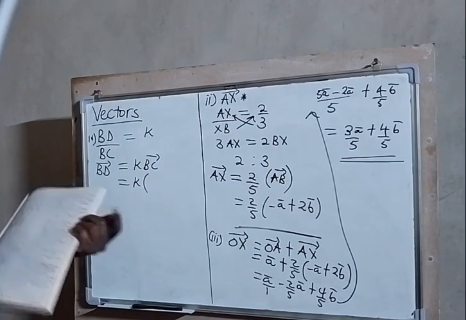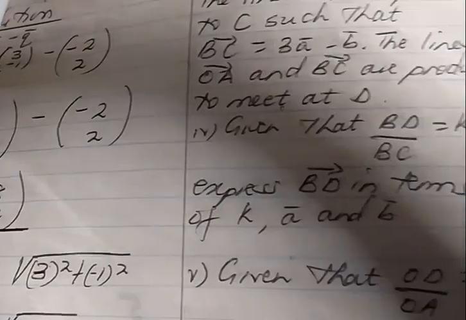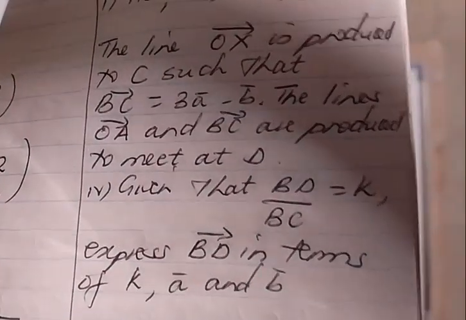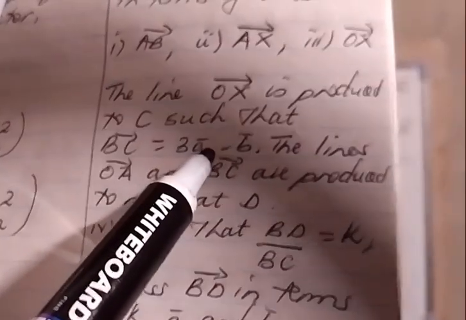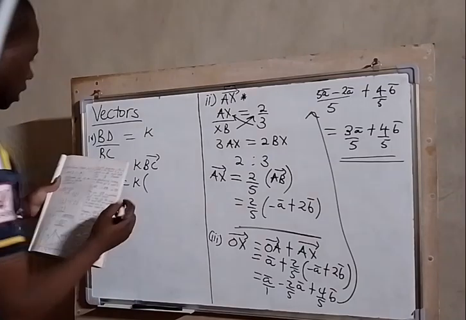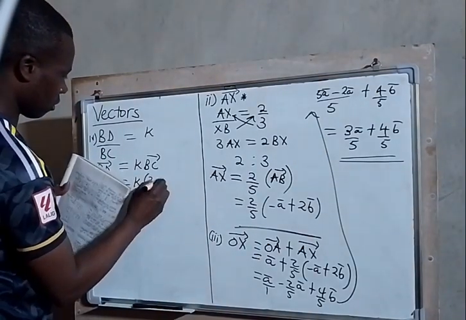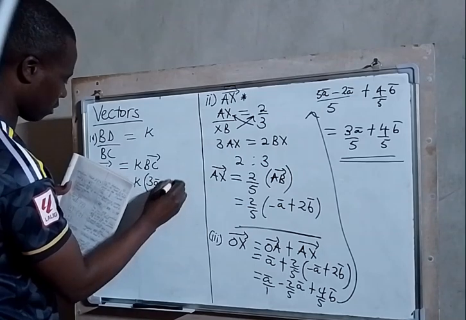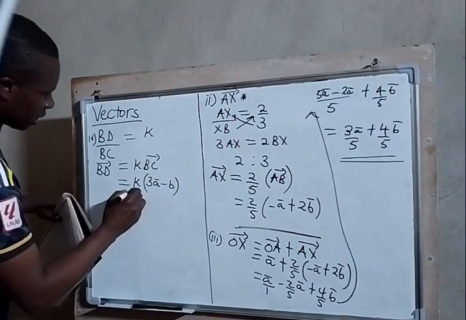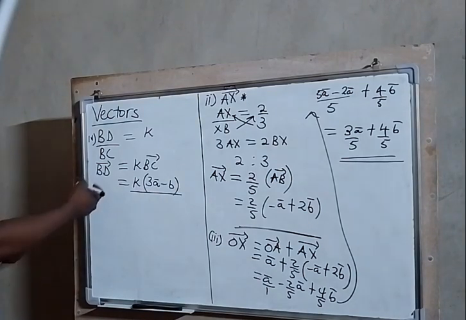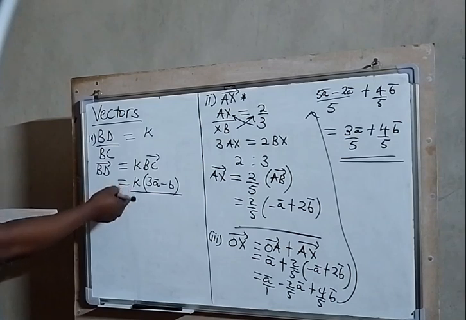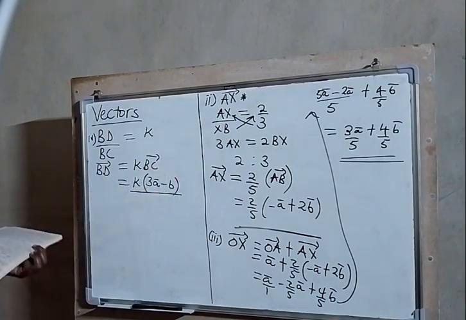For BC, if you go back to the diagram, it is said that BC is equal to 3 vector A minus vector B. So this is K times 3 vector A minus B. So this is our BD, expressed in K, A, and B.